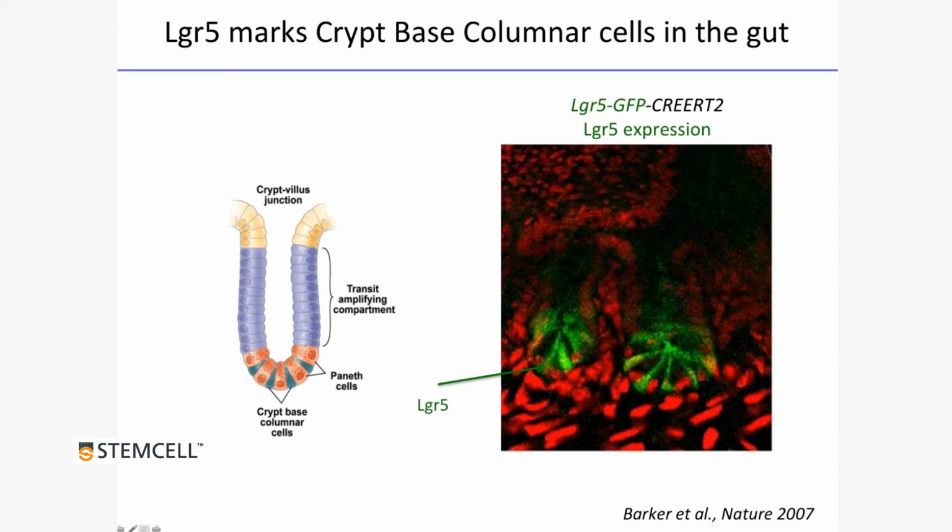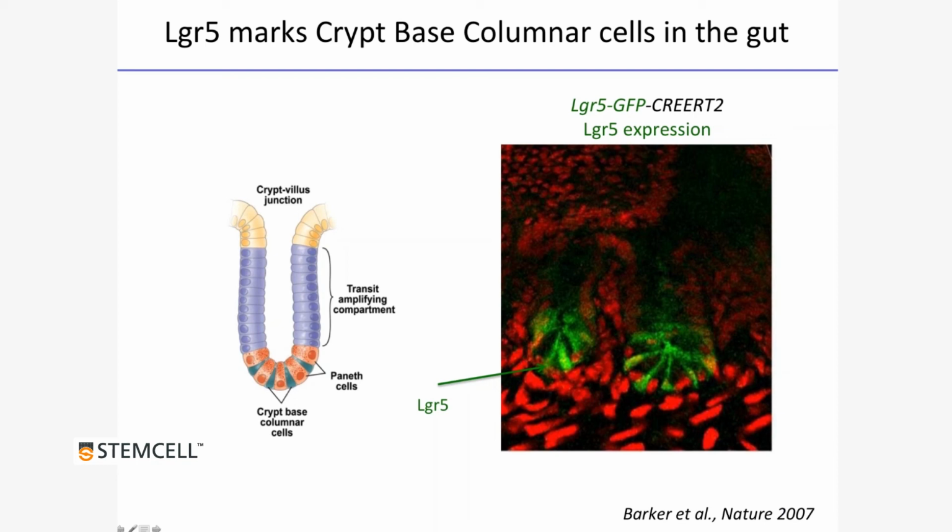And to try to answer that question, he utilized the Cre-lox technology that is very well known now in the stem cell field, with the advantage of trying to trace the fate of these LGR5-positive cells in vivo in real time. So what Nick performed is what we call a lineage tracing experiment, by combining this LGR5-GFP-Cre with a ROSA26 reporter.